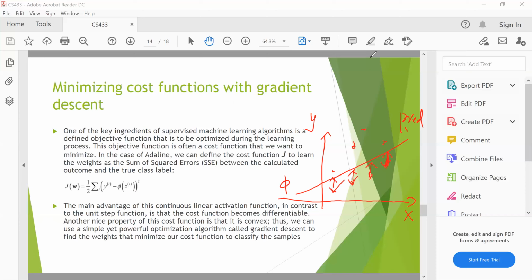That line is a linear one. So for each sample, we have the difference. Of course, the question is, you can draw any kind of linear line, but which one will give the minimum of all the errors, the sum of the squared error?